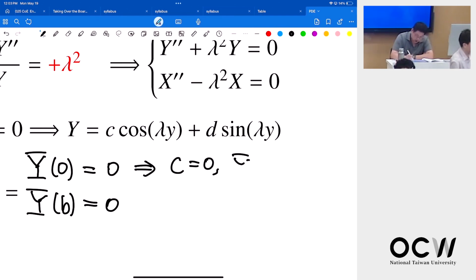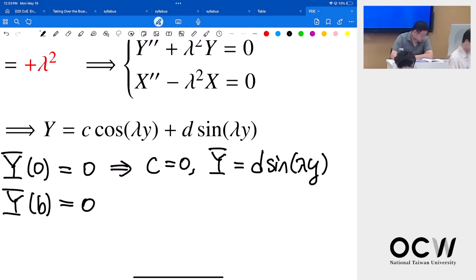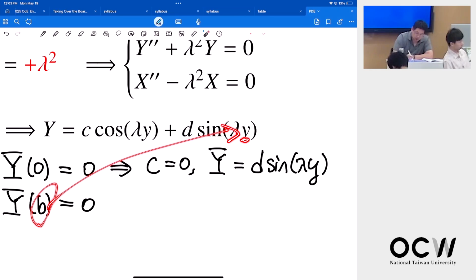So the Y is D times sine lambda y. Then we can bring b to here.